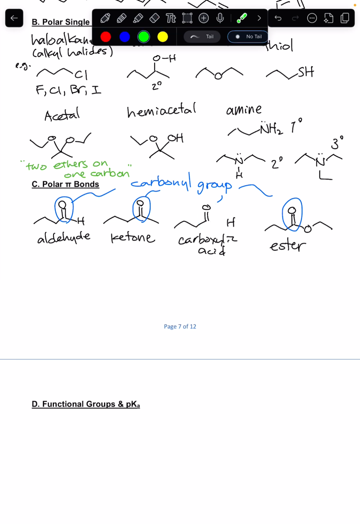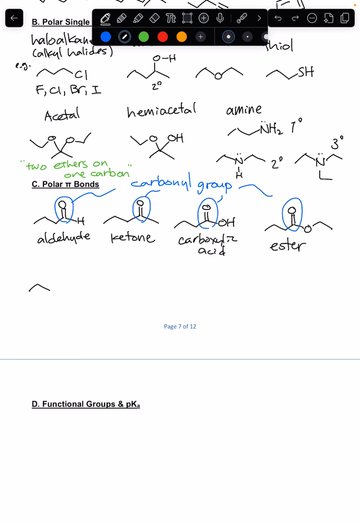A carboxylic acid would have a carbonyl group and an OH group on the same carbon. An ester has a carbonyl and essentially an ether group on the same carbon. Okay, so that's the difference, and hopefully the goal is you need to be able to identify these functional groups in a complex, bigger molecule.